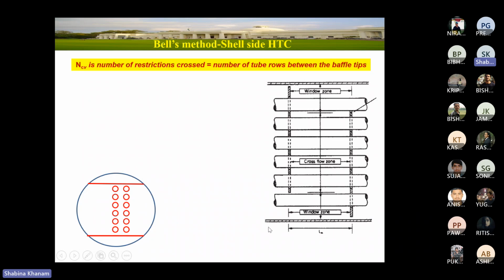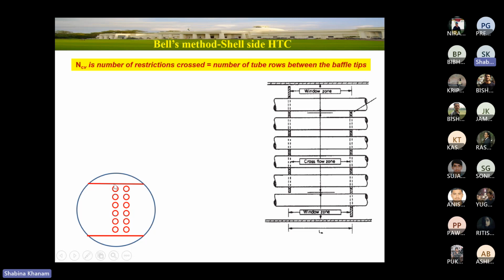Now NCV is the number of restrictions crossed, or number of tube rows between baffle tips. So this is the side view, if you are seeing from the exchanger, it looks like this. However, if you see the cross-sectional view, it will look like this.